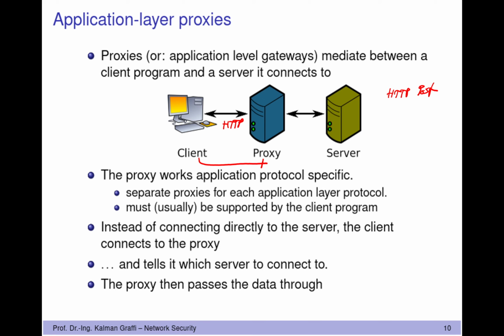How large is the file? What's the file name? You can disallow the upload of specific files which come from specific sources or are larger than X megabytes or so. So you can really go into the details and use the data in the HTTP protocol to make decisions whether the message should be allowed or not.